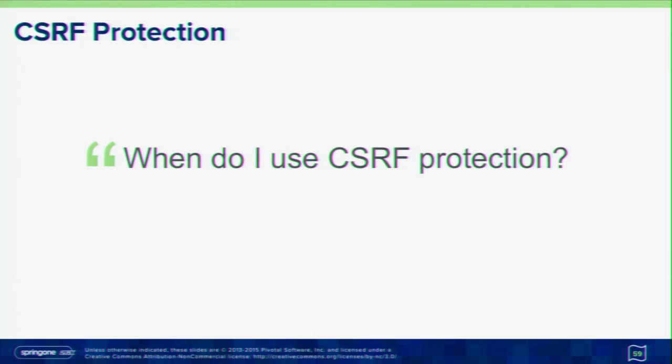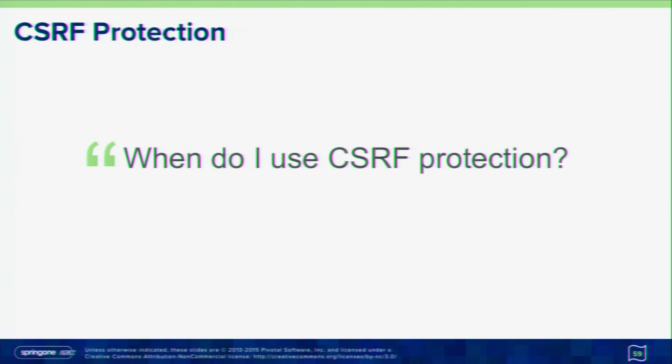So now I get the question, when do I use cross-site request forgery protection? Even if you already know what it is, this is a good question to ask yourself. And the answer is, as always, it depends. But the general answer I can give is, when your application is intended to be run in a browser, even if it's also intended to be run elsewhere, you should do that.